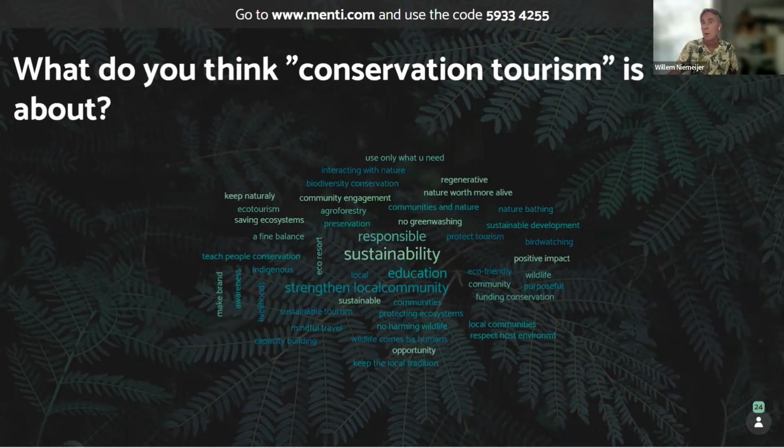Maybe not the only thing they do, but they definitely want to make it part of their journey. And by the way, I completely agree that slow tourism, if you will, is part of that. It's going to fewer places, but staying longer, learning more and being more mindful.